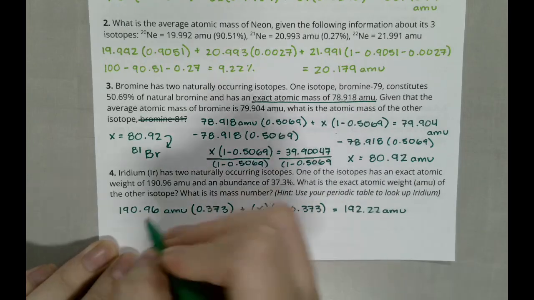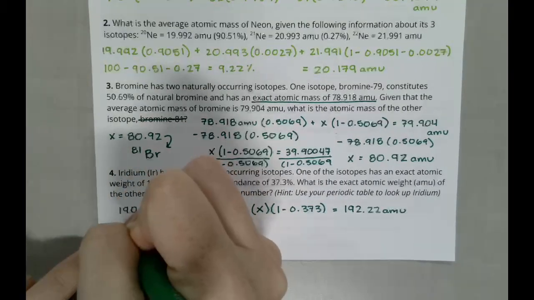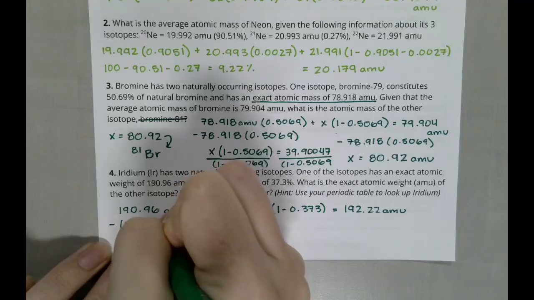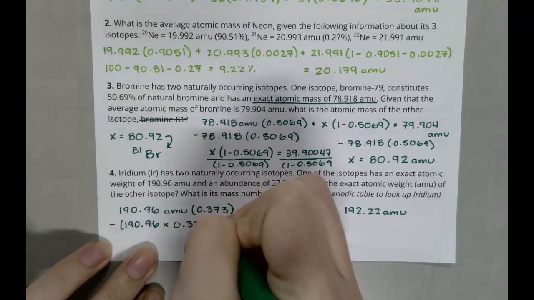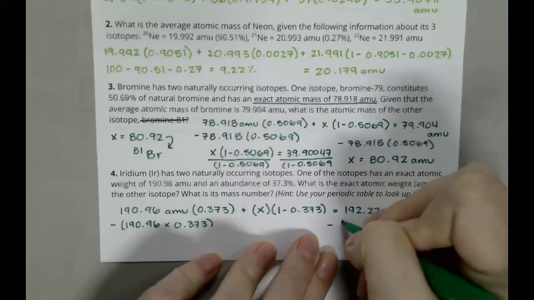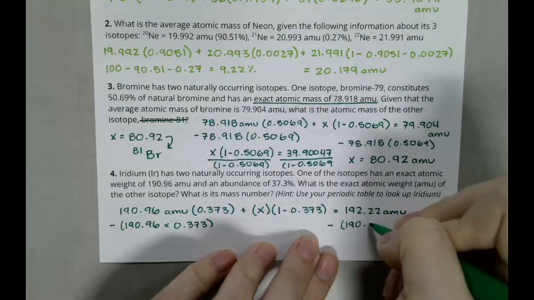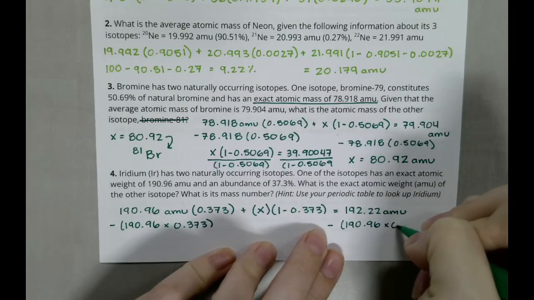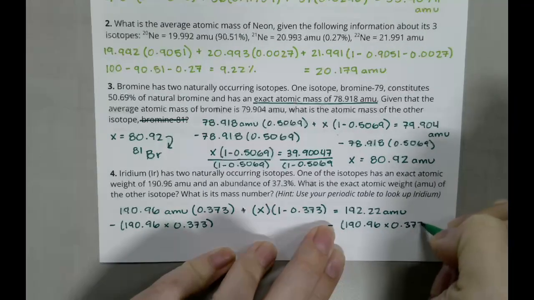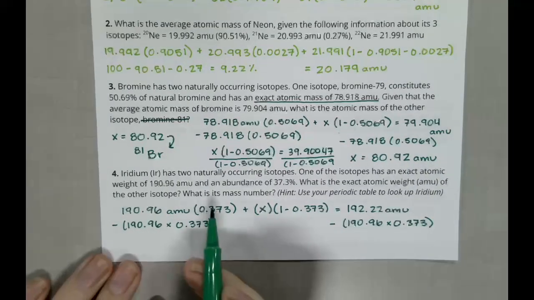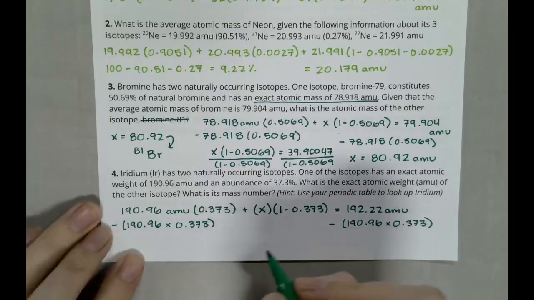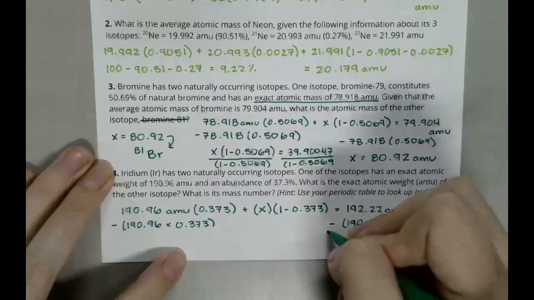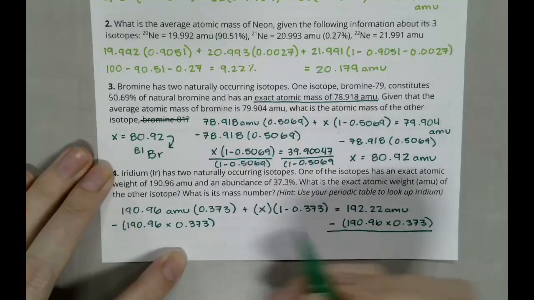So I'm going to write this out: minus 190.96 times 0.373, minus 190.96 times 0.373. If you prefer to do the math and then subtract whole numbers, that's totally fine. Makes no difference. So then we're going to divide both sides by this bit.